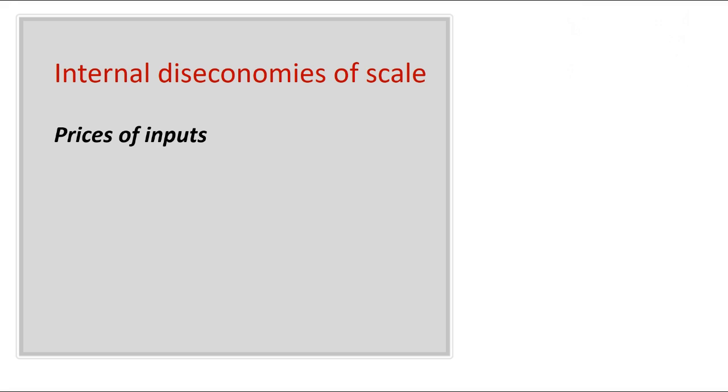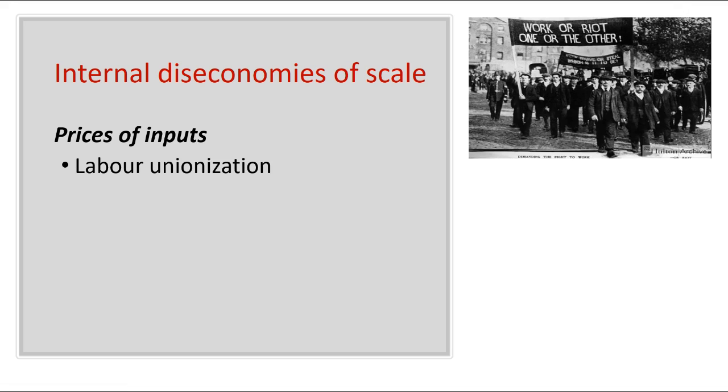It's also possible that the prices of inputs could be influenced, that is, could rise because of a firm becoming larger and larger. So as firms become larger, especially if we're talking about industrial production, where you have masses of workers all producing the same sort of thing, all having the same sorts of experiences, all working under the same conditions, in those cases it's more likely, or it used to be more likely, that workers would band together and form a union, and then as a union they would bargain for higher wages.